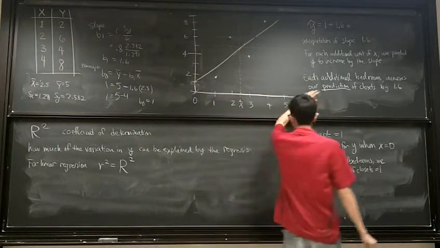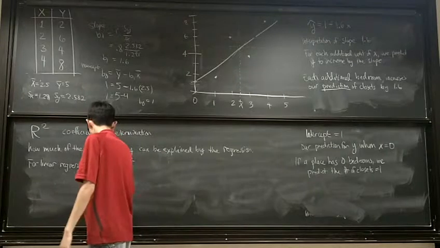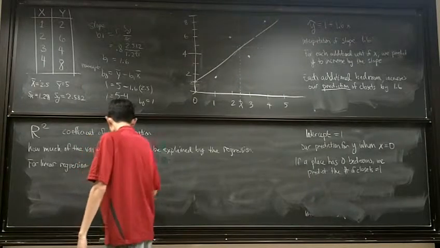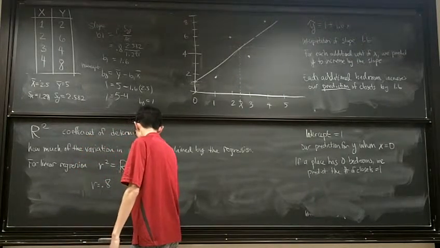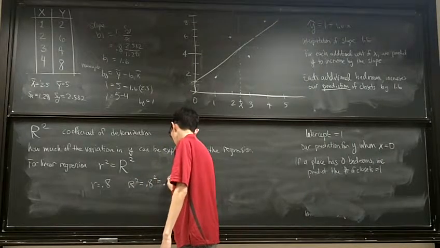So in our case, in this example, our little r is 0.8. So big R squared is 0.8 squared, which gives me 0.64.